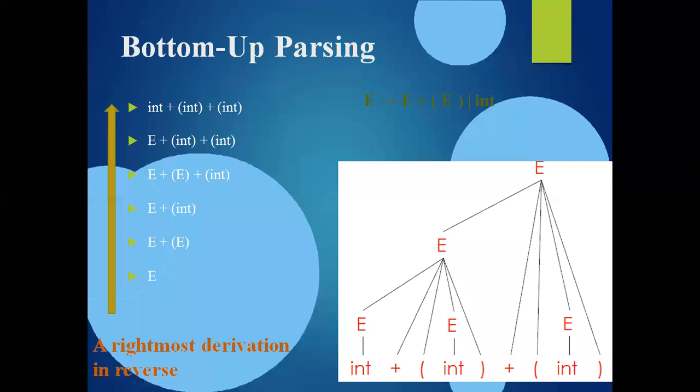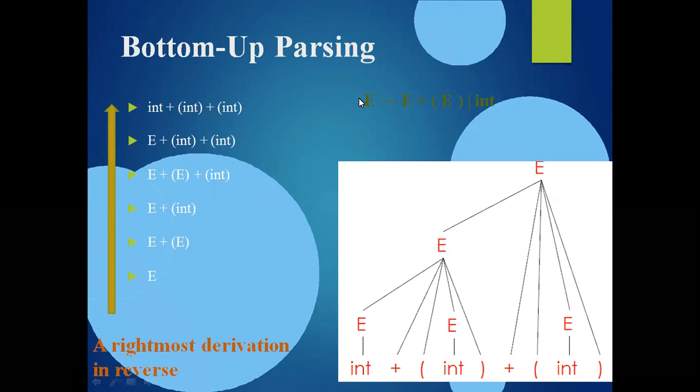Again, the int is on the RHS of the production rule for E, right? What we are doing is identifying the RHS of the production rule and replacing it by its corresponding LHS.